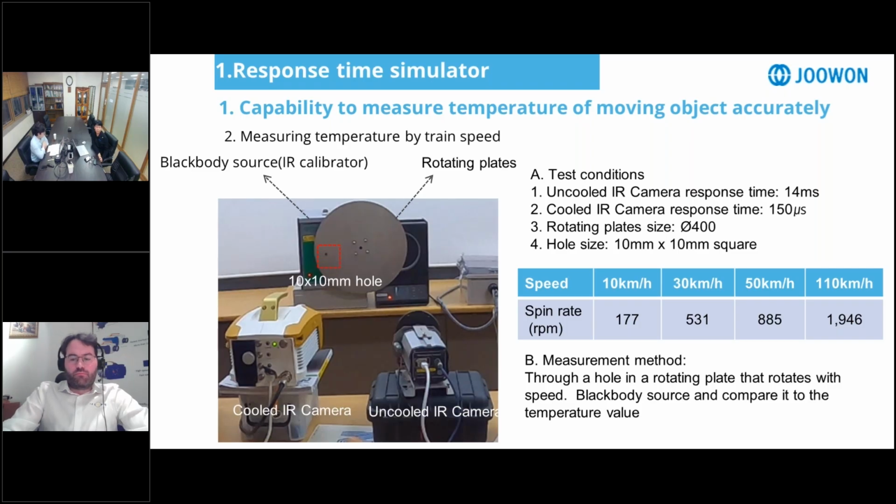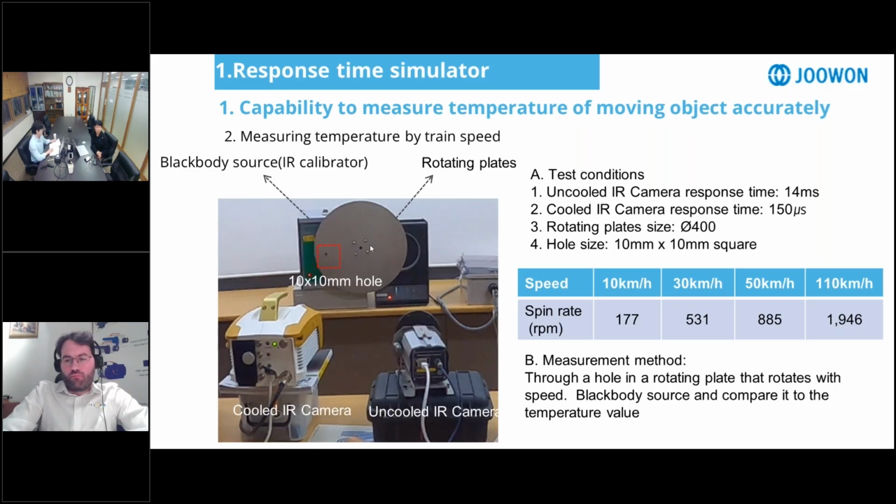So we did an experiment to get more reliable comparison information. You can see there is a rotating plate. Please think of the rotating plate in the middle of the screen as the wheels of an actual train, and the two black bodies behind have absolute temperature values.